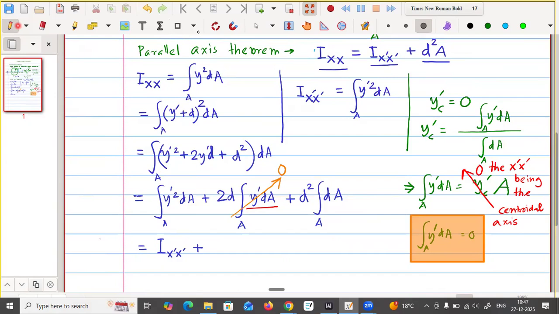And what is this? This is simply area, we know. So it will be d square into area. Therefore, you can write that this x is equal to this.